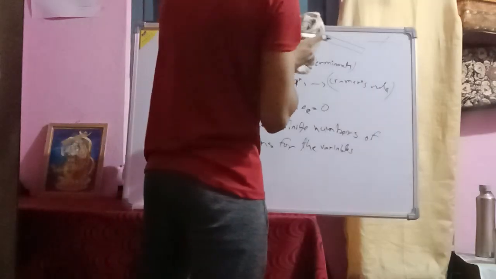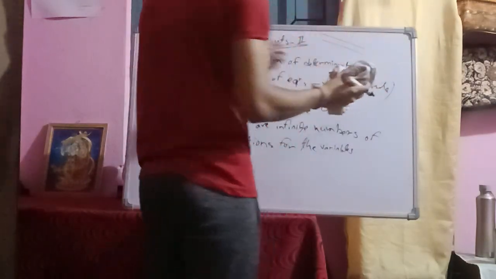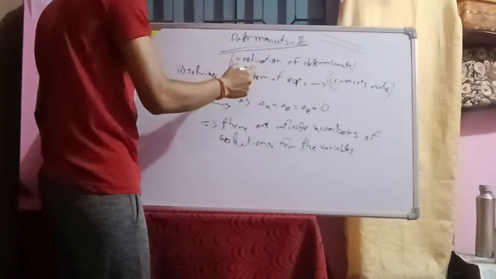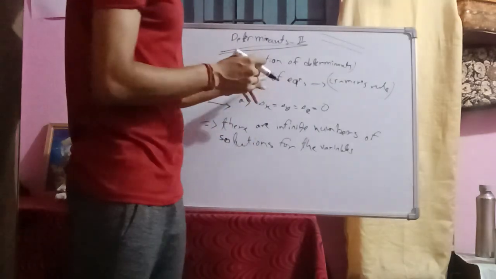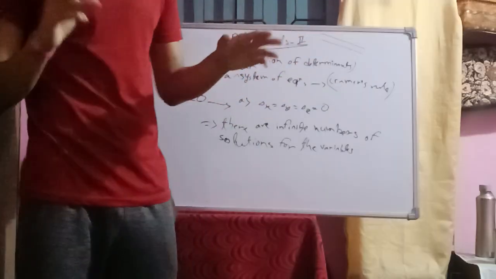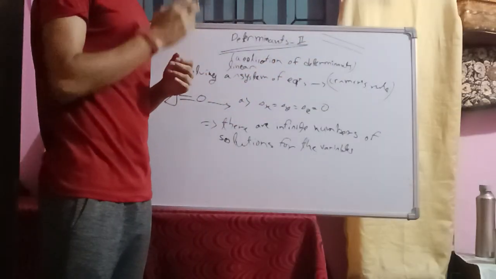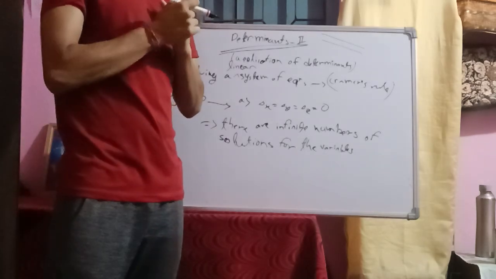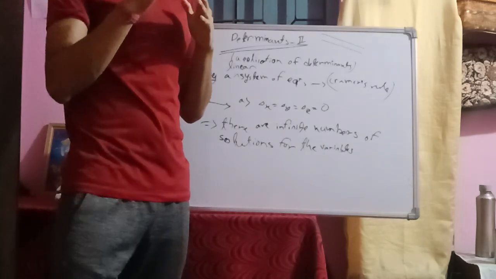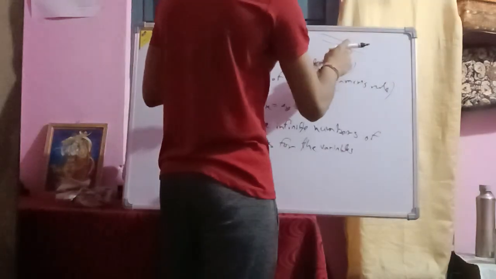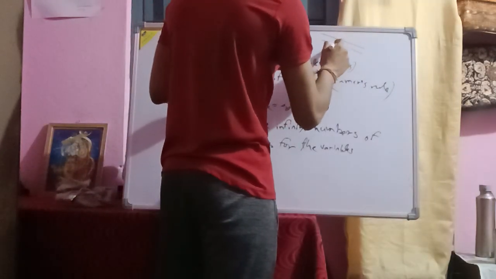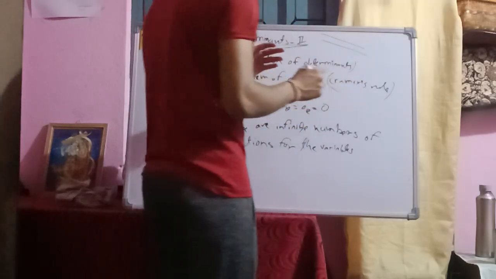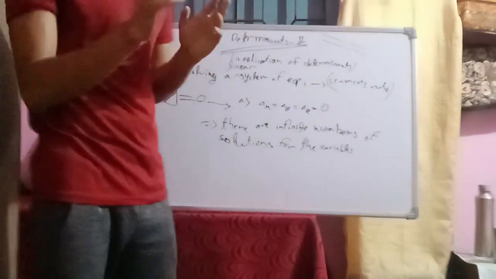Now, this third case where these two statements, I'm just taking two statements. You can take as many as you want because it's a linear system of equations. Just keep in mind that if you want to solve for a certain number of variables, you will need a minimum of the same number of equations as the number of variables.